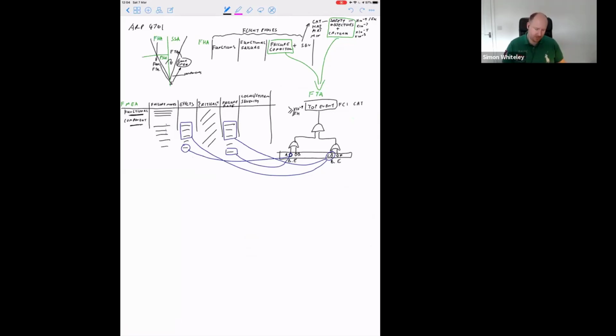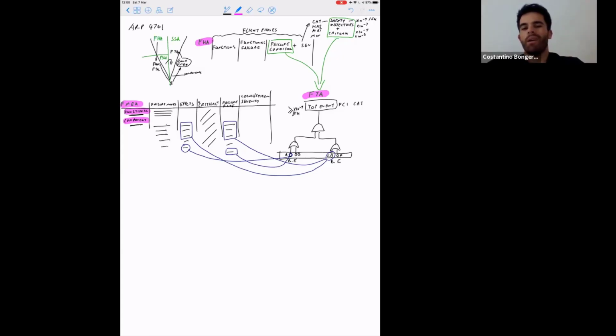But there are distinct analyses here: the FHA, the FTA, and then the FMEA. The FMEA can be done in two parts, functional or component. It's very rare to do both functional and component FMEAs because it is an expensive, time-consuming activity.